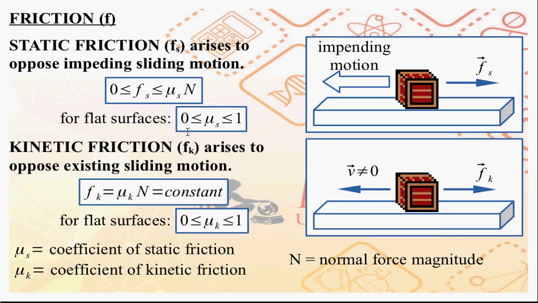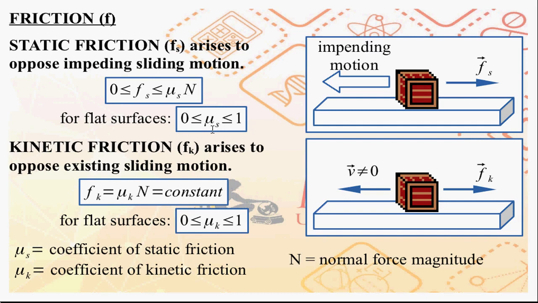So if later on you calculate a negative mu s, you made a mistake somewhere in your analysis, because mu s is always positive. Also note that mu s does not have a unit. It is a unitless quantity.